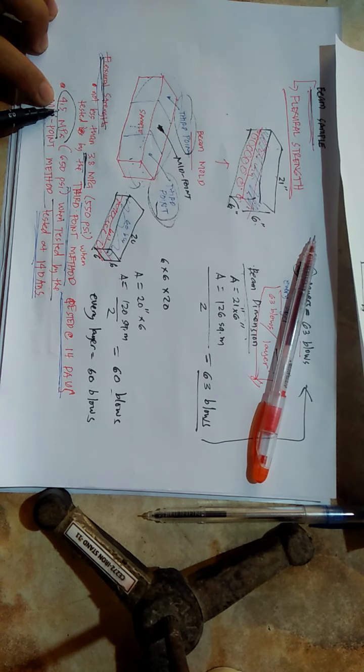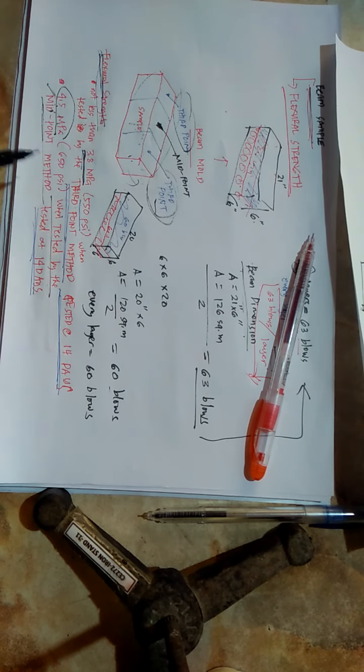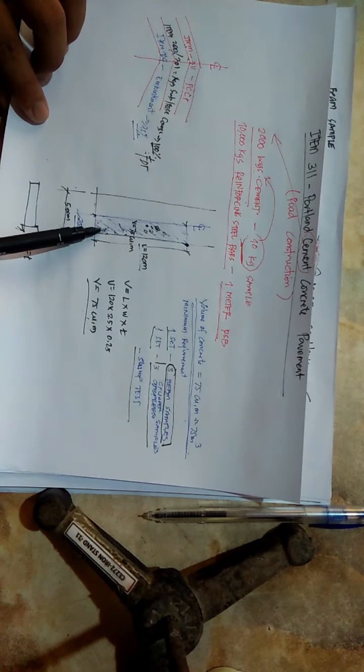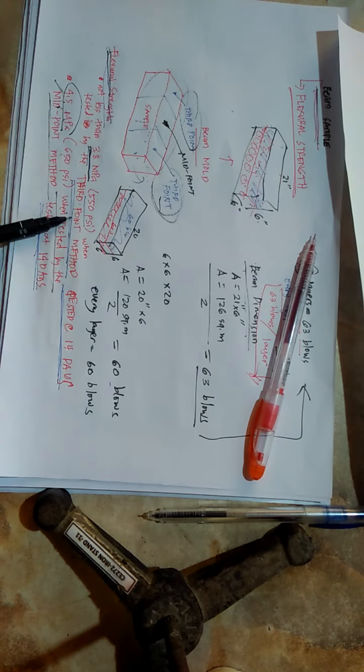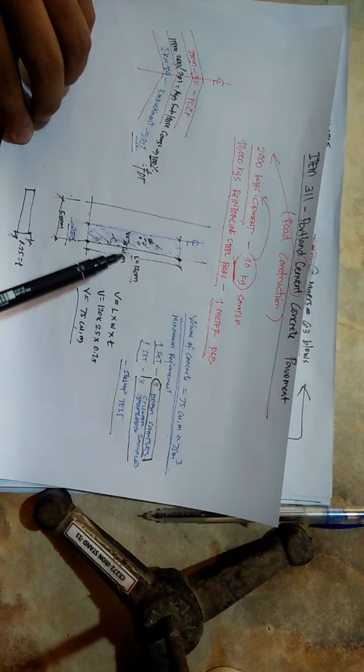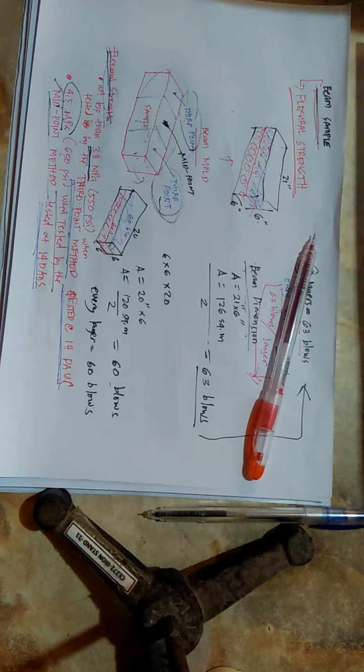Kapag mababa dito, may tendency na babagsak or ma-remove or replace yung binuhusan mo dito. Okay? Pero pag greater naman dyan, proceed ka na. Meaning to say, maganda yung mixture ng concrete mo. Hindi ka na sobrahan ng tubig, and so on. Yun yung importance niya.